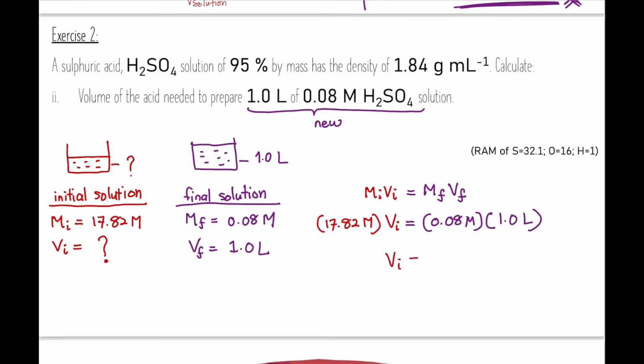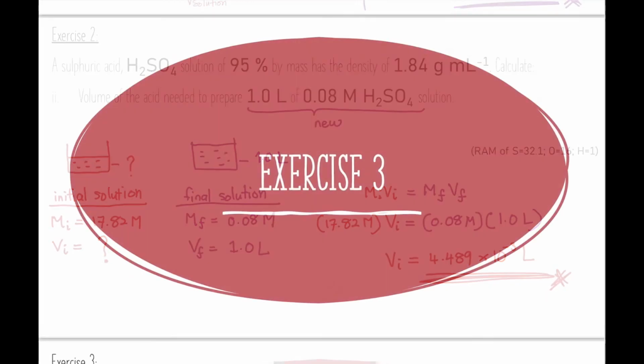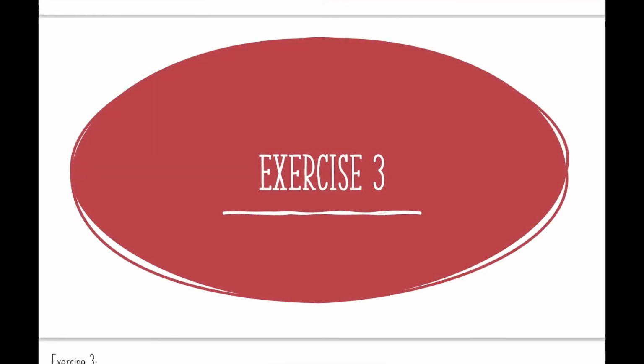You can use your calculator and find out that the final answer will be 4.489 times 10 to the power of negative 3 liter of the initial solution needed. As you can see here, the volume is in liter because the value of the final volume substituted in the formula is in liter. Finally, let's try exercise number 3.